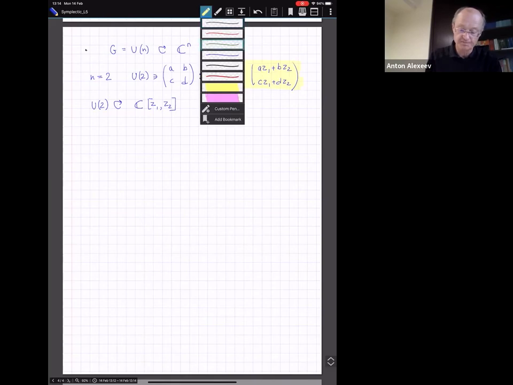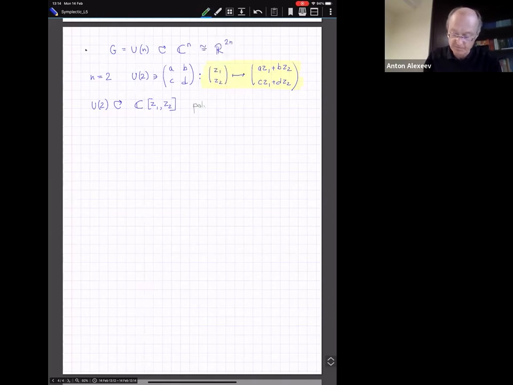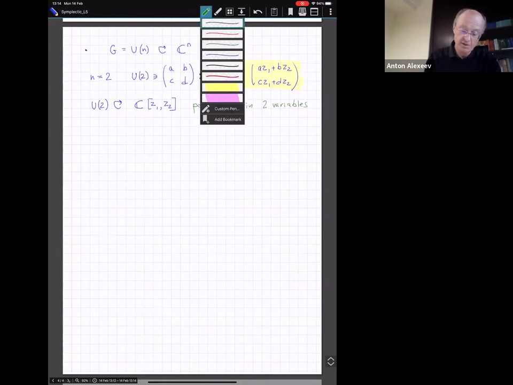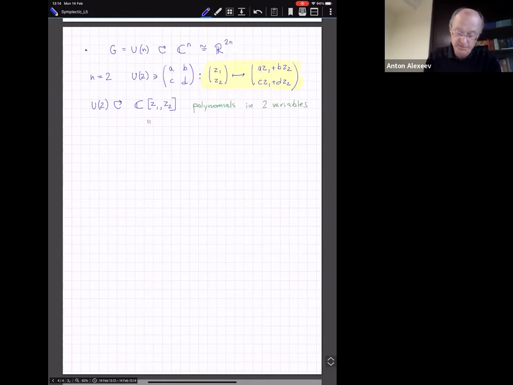These are polynomials in two variables, and actually this is a homogeneous action. So we can say that polynomials split into a direct sum of polynomials of different degrees. So this is a degree.